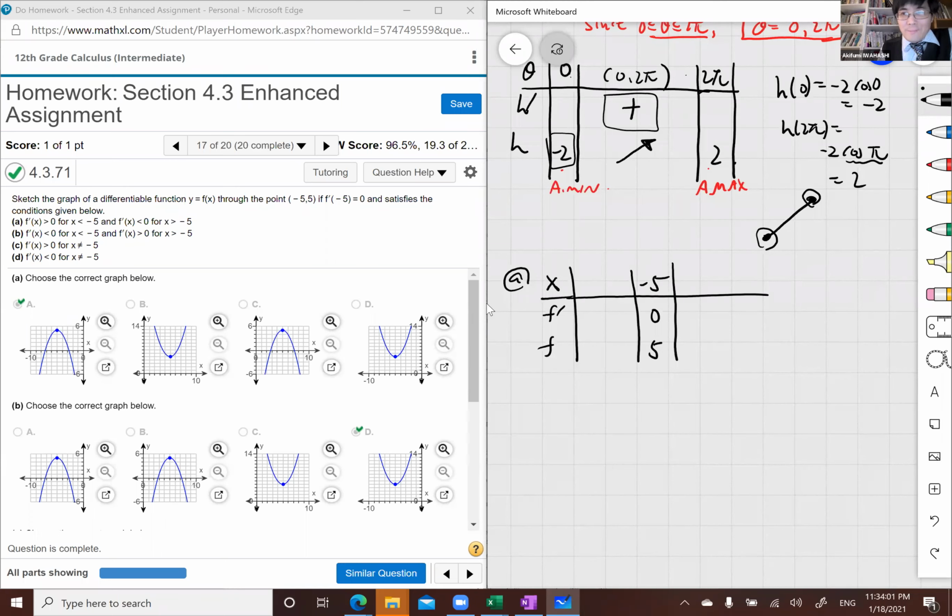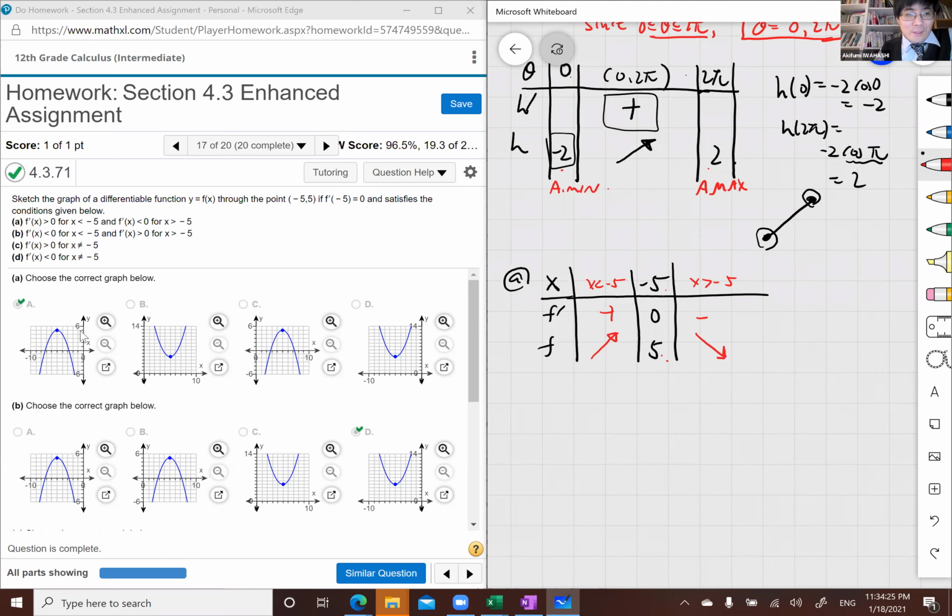Now in part A, f dash is positive in this interval, and f dash is negative in this interval. So the graph must be increasing up to the point -5, 5, then decreasing after -5, 5.